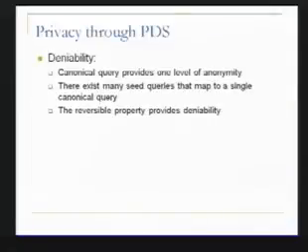Okay, so again, go back to this whole definition of plausible deniable search. The deniability is because the canonical query already provides one level of anonymity, right? Because you are going to issue only standard queries, not any constructed form of user query.